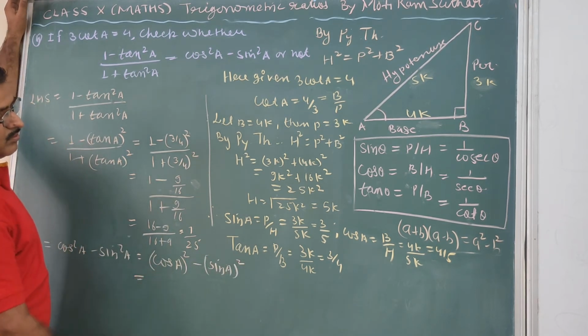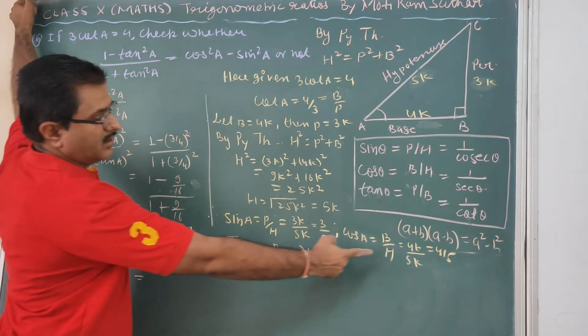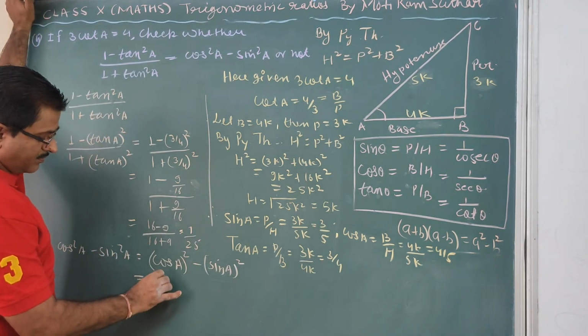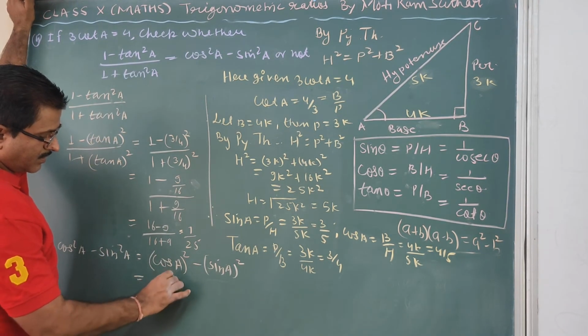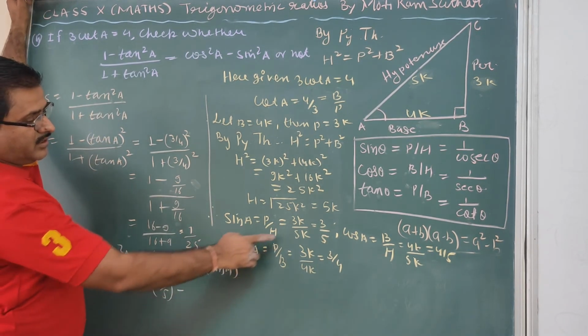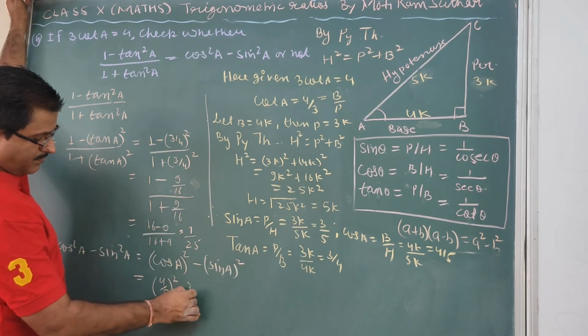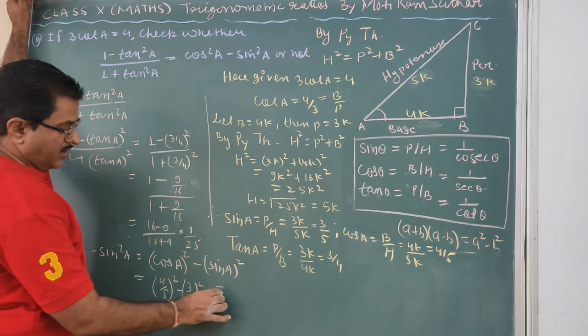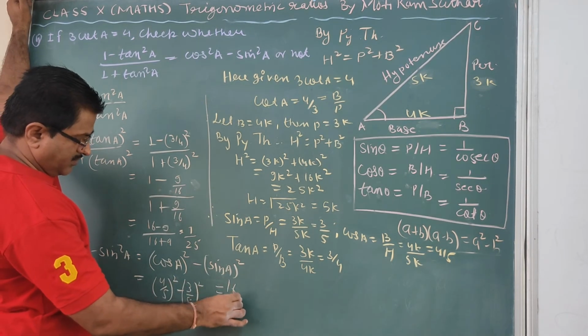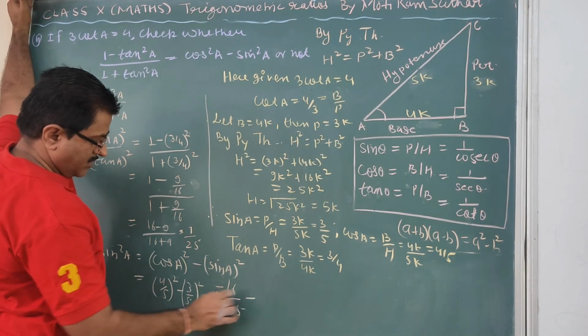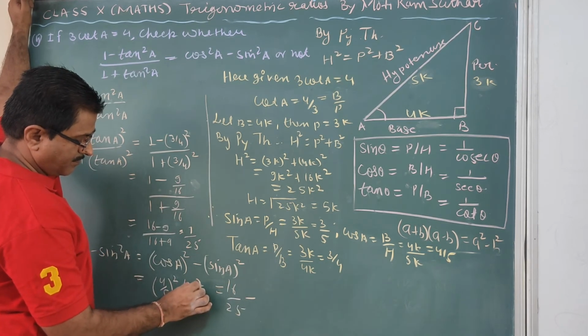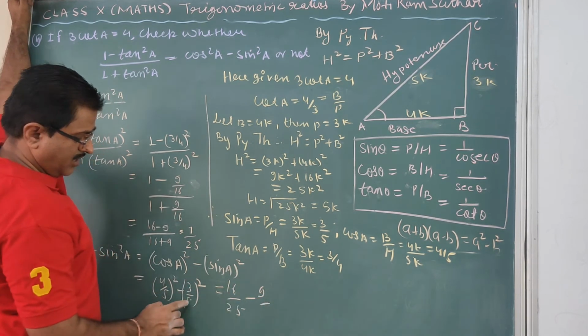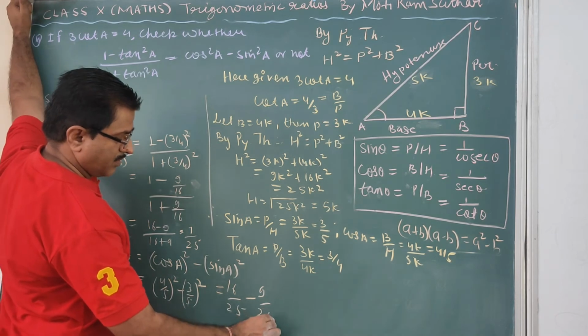So the value of cos A is 4 by 5, sin A is 3 by 5. 4 square is 16, 5 square 25, 3 square 9, and 5 square 25.